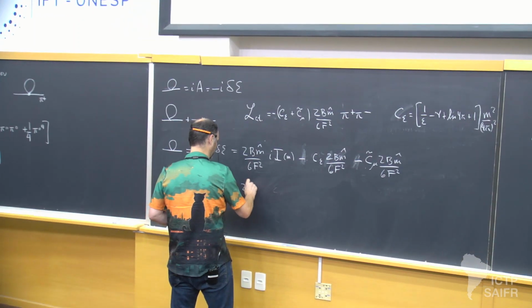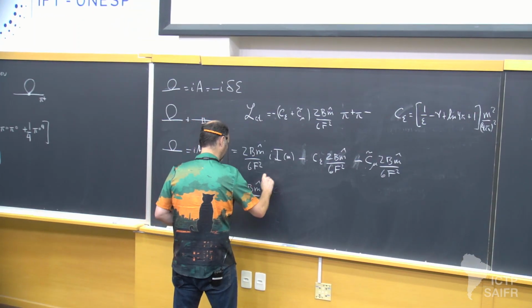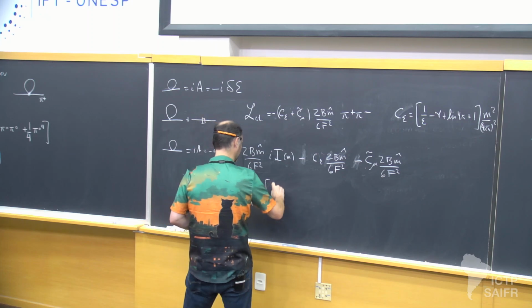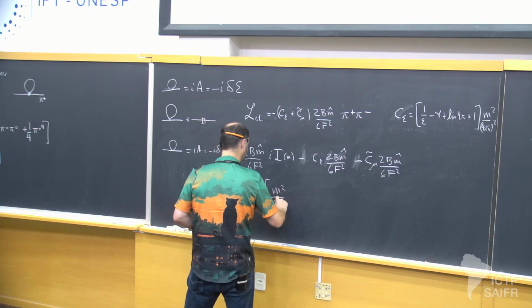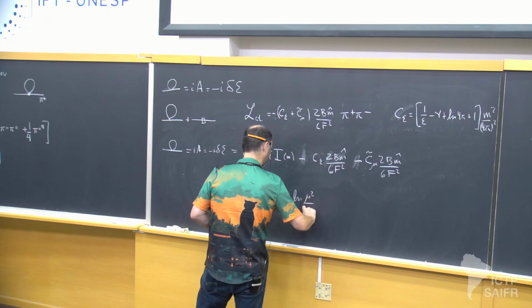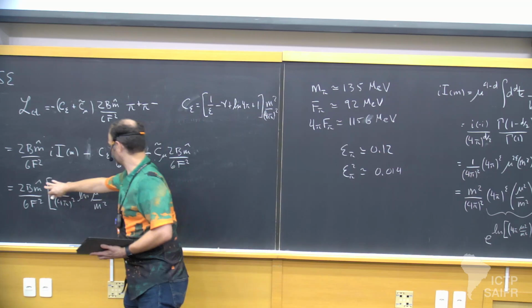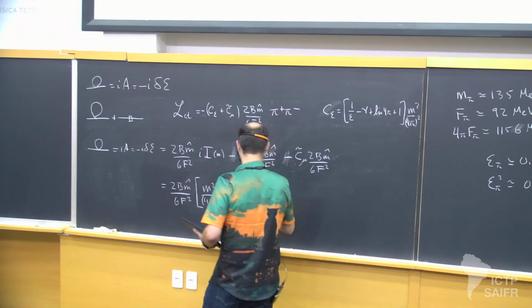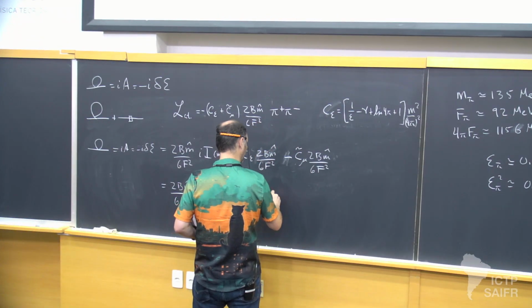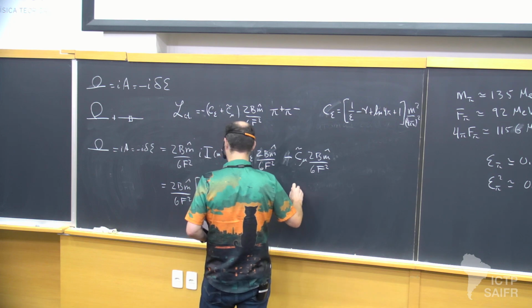So I'm left with 2B m hat over 6f squared, and from here there's an m squared over 4 pi squared log mu squared over m squared. As I wrote it, there's a minus sign, so then I'll have minus C tilde of mu.